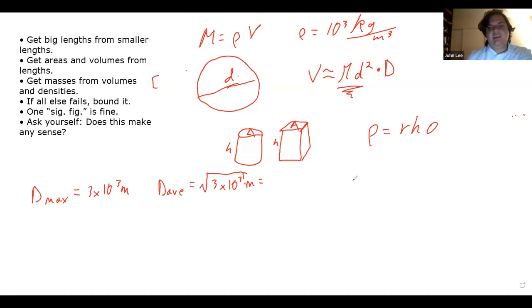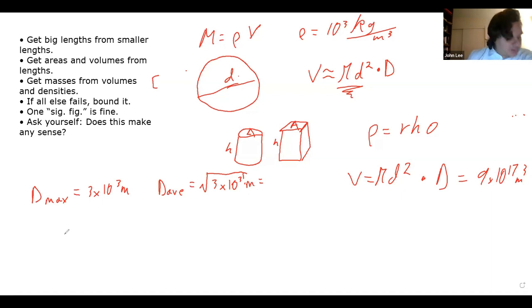But when you plug this in, it gives you pi d squared times d is equal to 9 times 10 to the 17th meters cubed. So that's about the volume of the ocean. And then mass equals rho v. You do algebra.